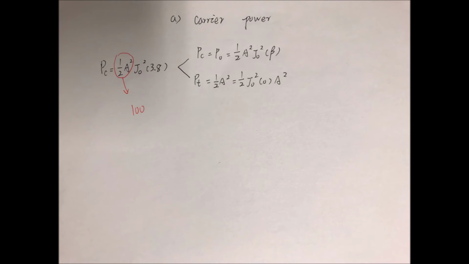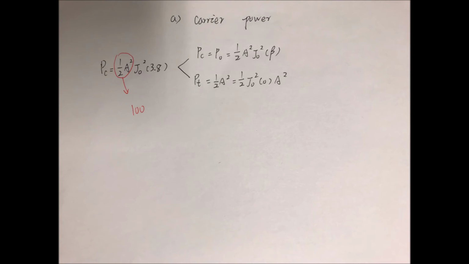So we can find J0 of 0 is 1. If I can modify the textbook, I'm going to change this just to 1. This 300 is kind of confusing.